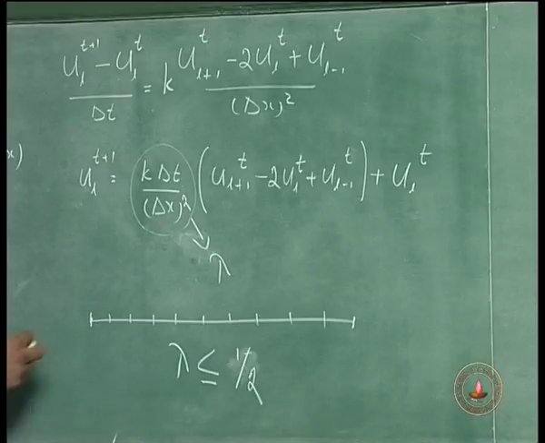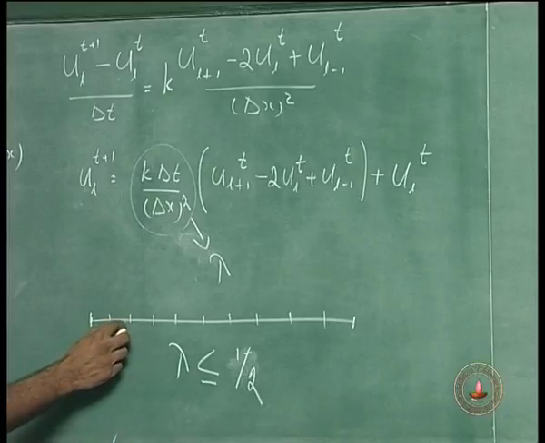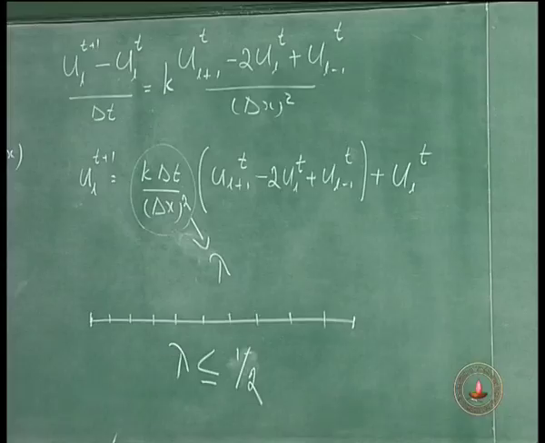So we choose a particular delta x and solve this equation using this explicit method, and then we want to increase the resolution in space. We want the temperatures a little closer to each other, that means we want to reduce delta x.